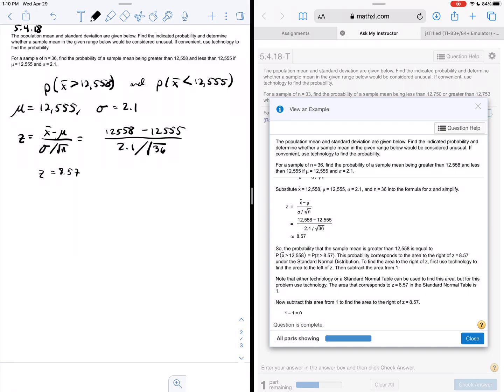This probability corresponds to the area to the right of 8.57 under the standard normal distribution. To find the area to the right of this, first use technology. I know the student's question was how to find the probability when the z-score is so high. So this is a case where you would use technology.